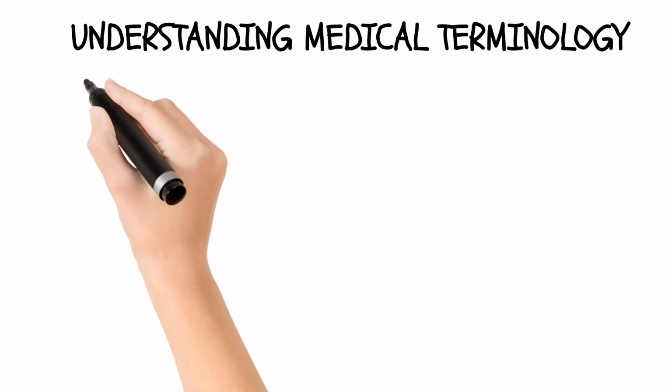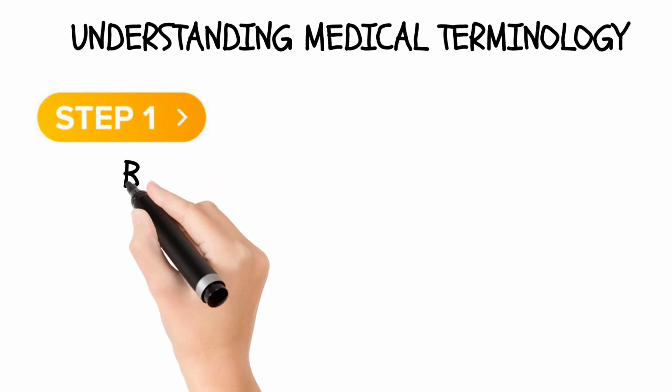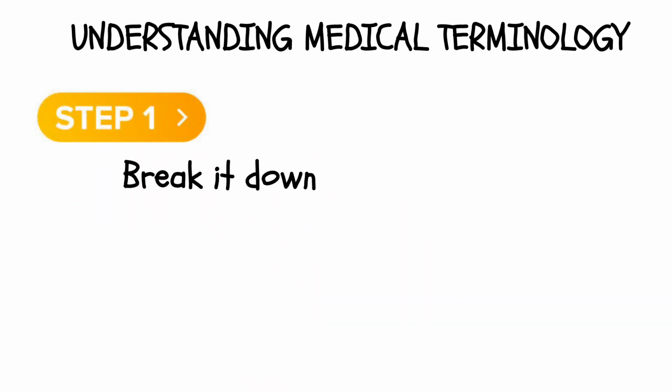I have a few guidelines that can help you when trying to understand a medical terminology. The first guideline is break it down. Try dividing the word into its basic components. Identify prefixes, roots and suffixes and understand their meanings.